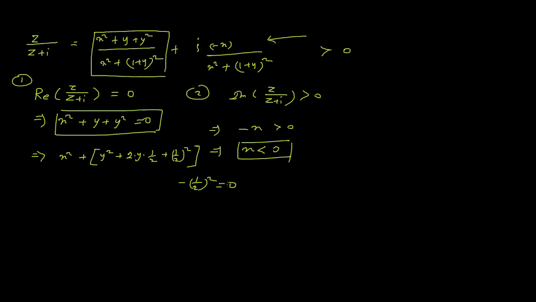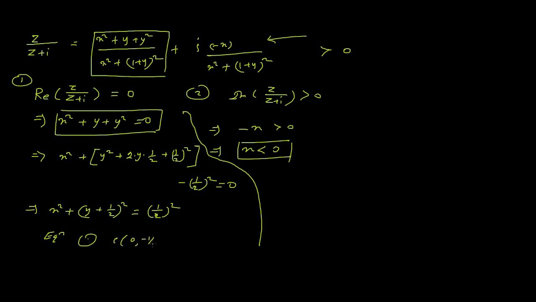So that is equal to 0. So this is x square plus y plus 1 by 2 whole square is equal to 1 by 2 whole square. This is the equation of a circle whose center is 0 comma minus 1 by 2 and the radius is equal to 1 by 2.